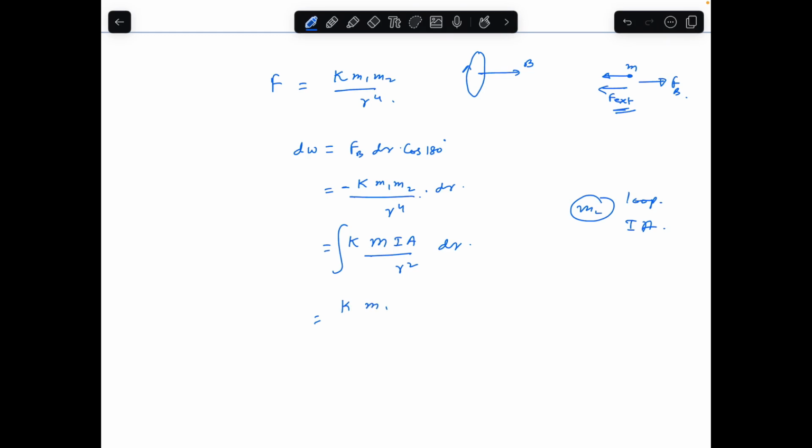K m. What is I? I will be directly proportional to m by r cube.